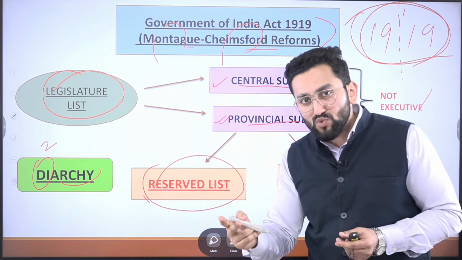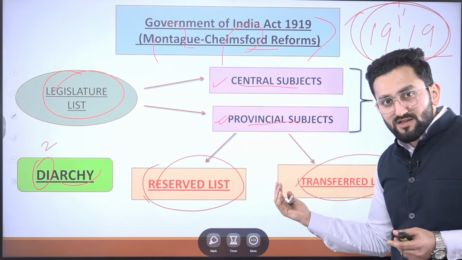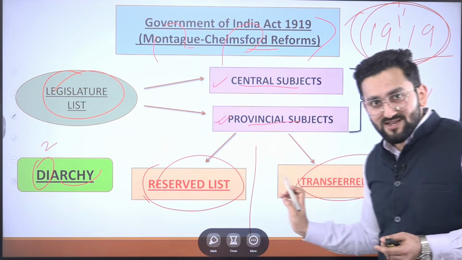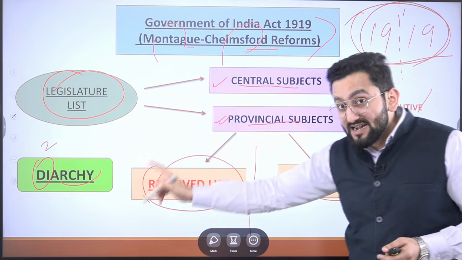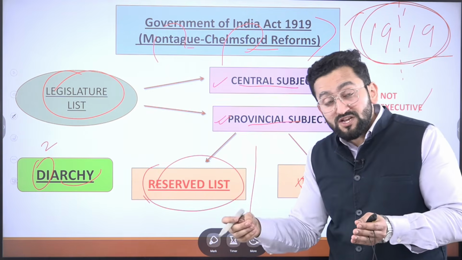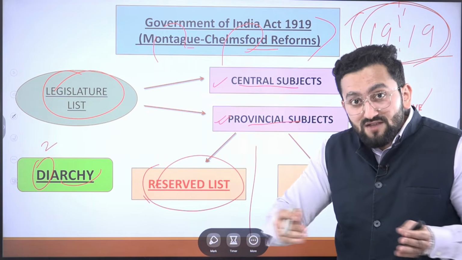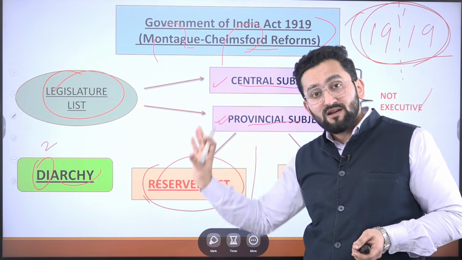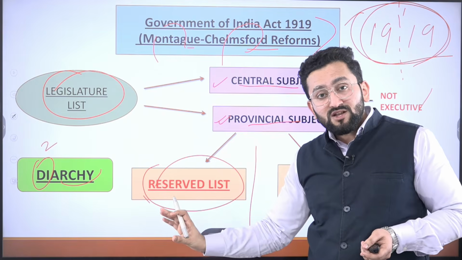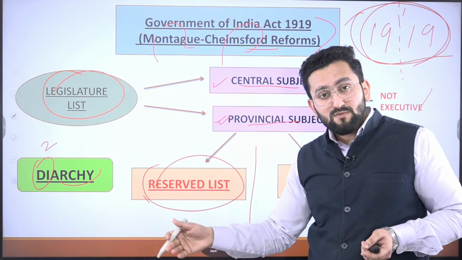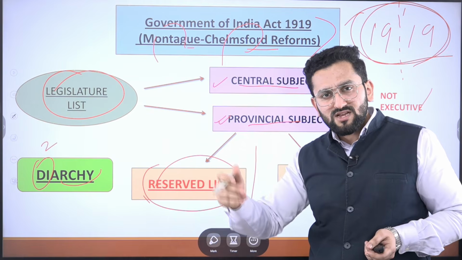Two ways why? Because the legal subjects, the subjects on which law can be made, are divided into two parts. Okay, please remember, diarchy means the subjects on which laws are going to be made are divided into two parts. One, reserved, means the British governor at the level of the province, along with the council members, is not accountable to the legislative council.